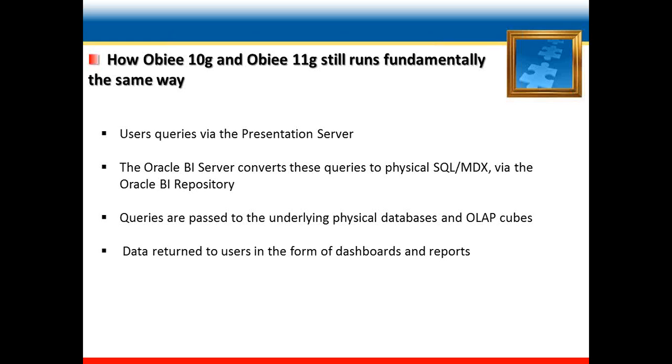They run the same way, meaning most of the things are the same in both OBI 10G and OBI 11G. So first, users query via the presentation server, in the case of OBI 10G and OBI 11G.